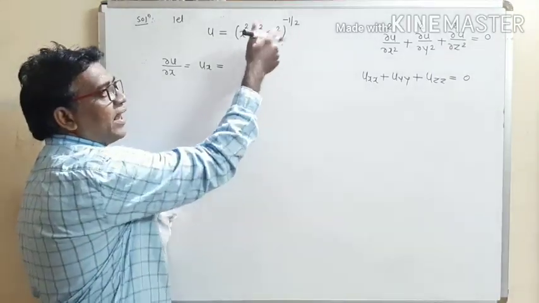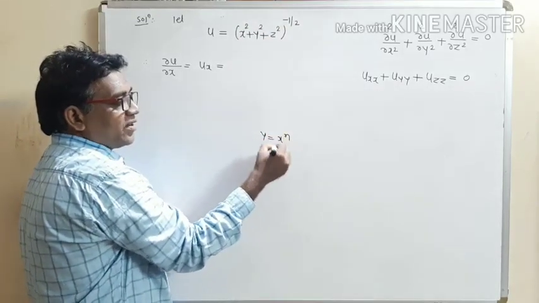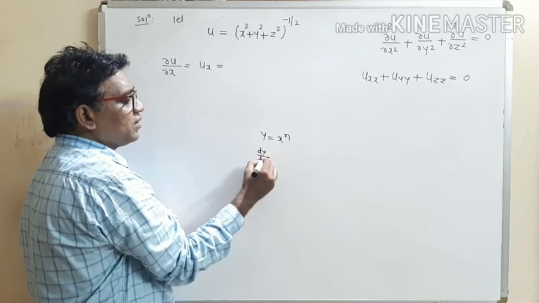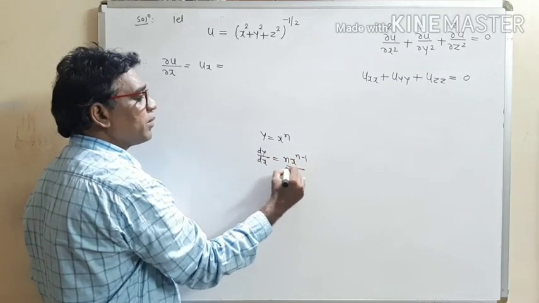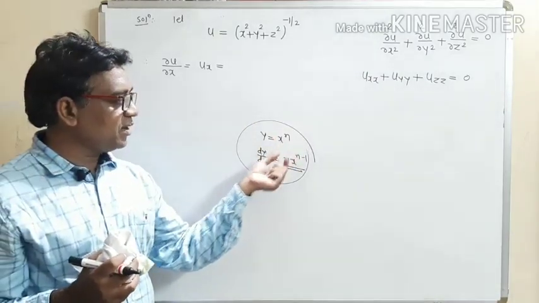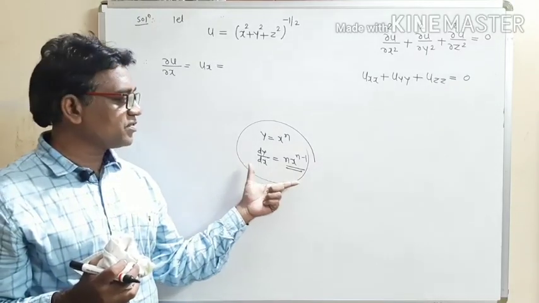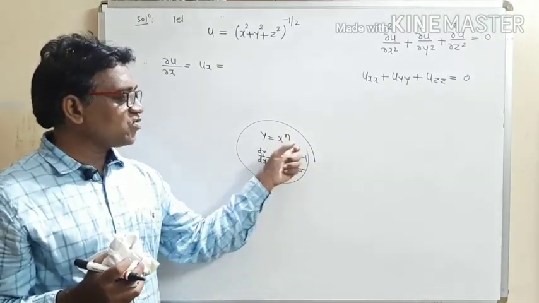now this is just like x raised to n. X raised to n, what is the derivative? The derivative is given by n x raised to n minus 1. So use this standard formula. If y is equal to x raised to n, then how to find the derivative? This is the standard formula, n x raised to n minus 1.